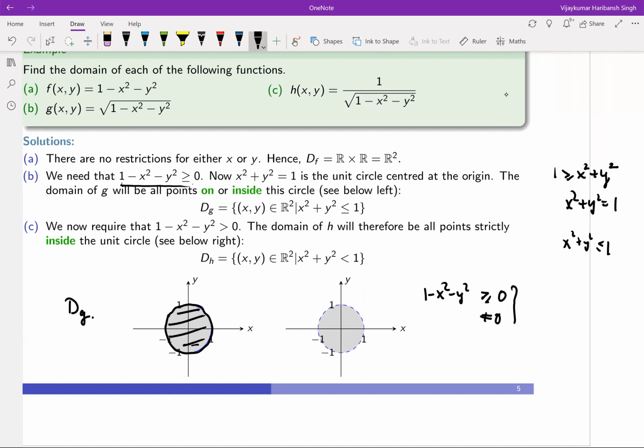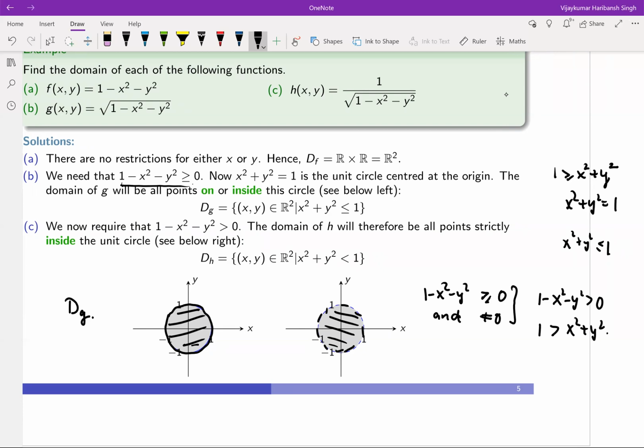So if you combine these together, we get 1 minus x squared minus y squared is greater than 0. We get 1 is greater than x squared plus y squared. So that means you are inside the circle, but it can't be equal. That means the boundary is taken off. So it's everything inside except the boundary. I'm going to draw it with a dotted line.